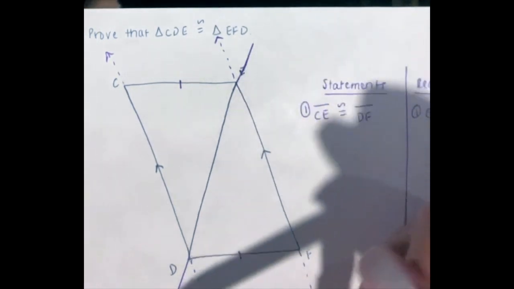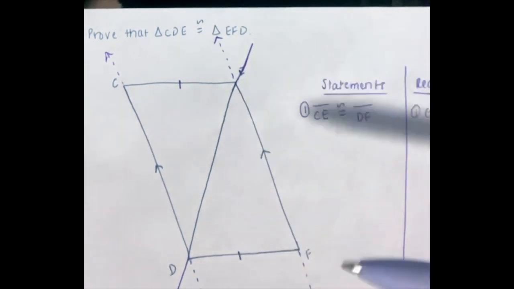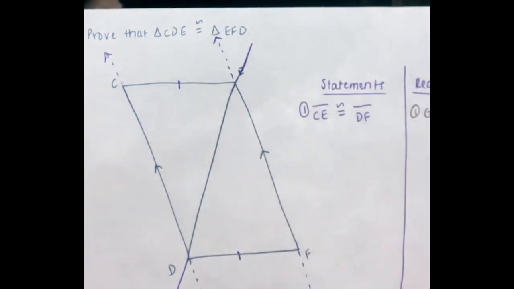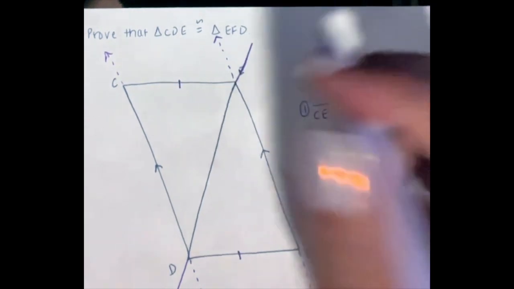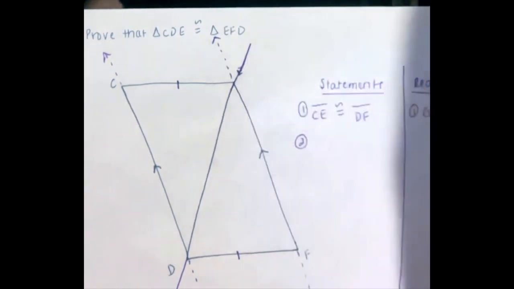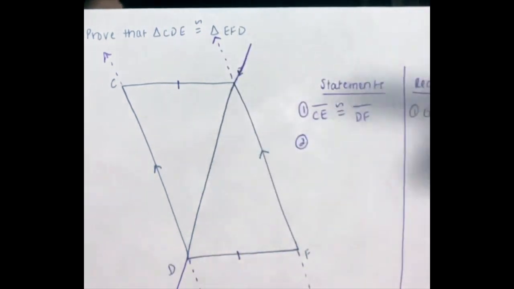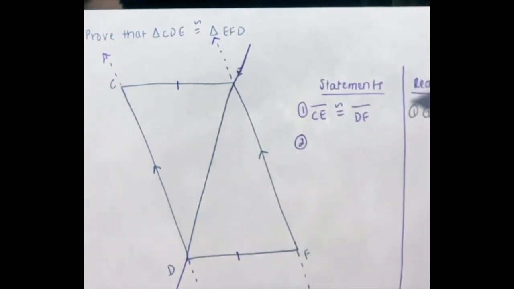So we need that piece of information in order to deduce further information for this proof. So let's write that transversal line, because we're going to need that piece of information to get another piece of information about angles.